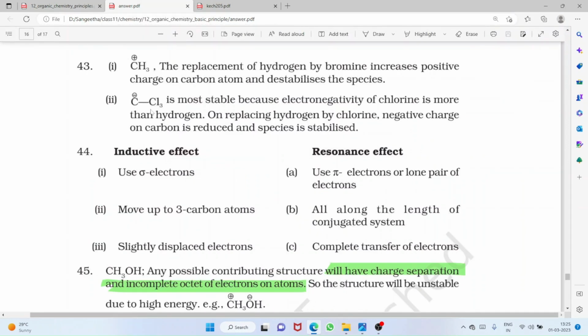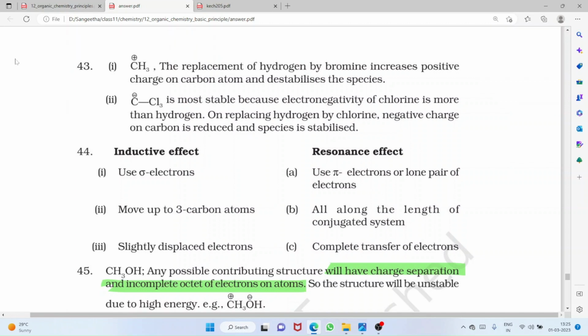In CCl3, this is most stable because the electronegativity of chlorine is more than hydrogen. On replacing hydrogen by chlorine, negative charge on the carbon atom is reduced and the species gets stabilized. Here, the replacement of hydrogen by bromine increases the positive charge on the carbon atom and destabilizes the species.